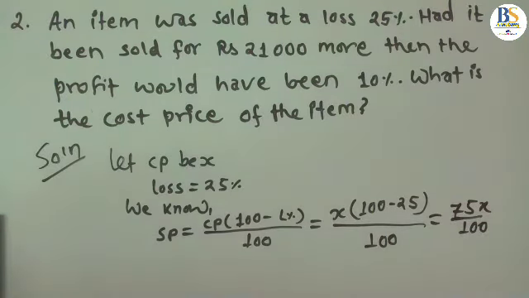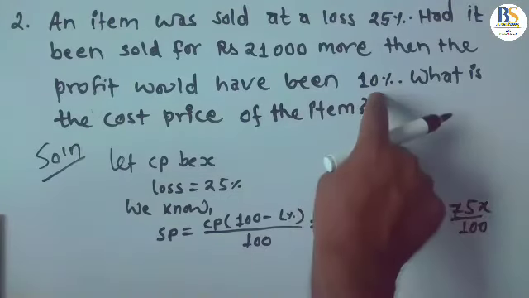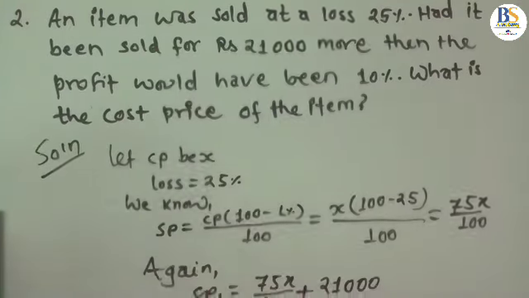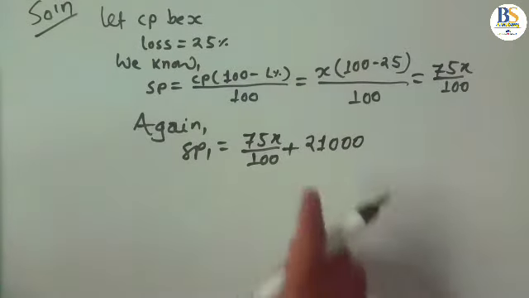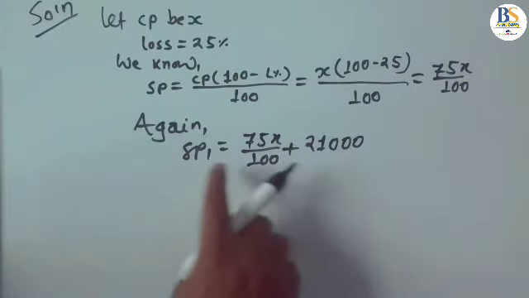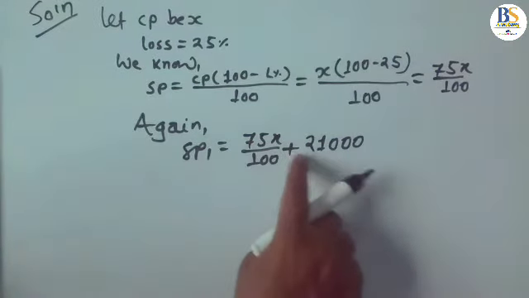Again, had it been sold for Rs 21,000 more, if SP is 21,000 more, then profit would have been 10%. If SP is 21,000 more, means SP1 equals 75x upon 100 plus 21,000.